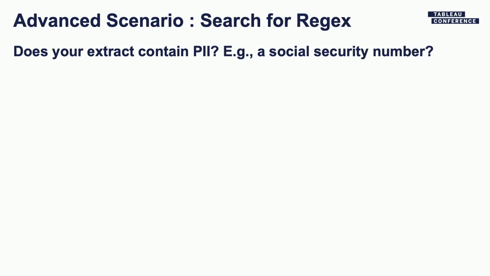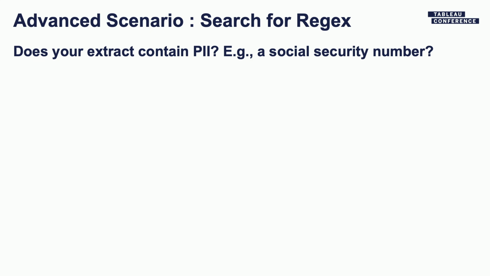Cool. So finally, I will keep this super short because we also want to have some time for questions at the end. Searching for regex. For example, let's say you want to understand whether your extract at hand contains PII, so personally identifiable information. Because of GDPR in Europe, you're required to delete all PII, or at least be aware of it.